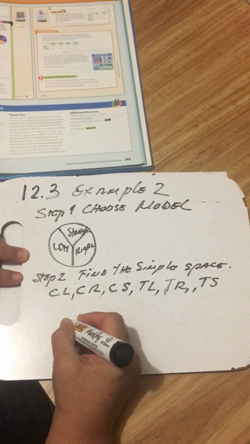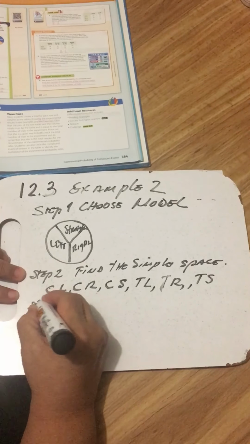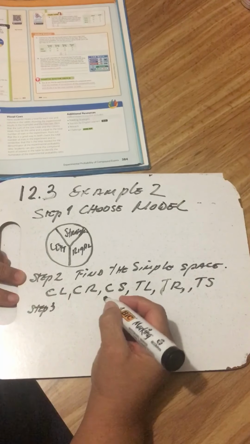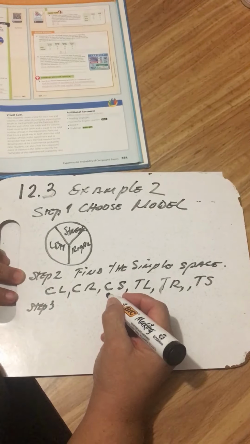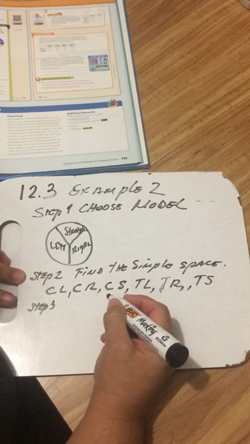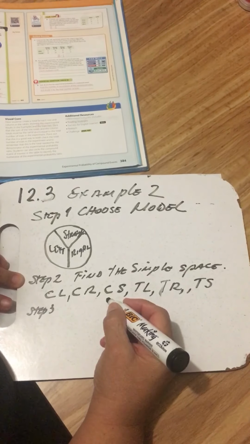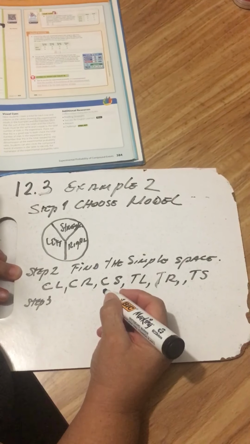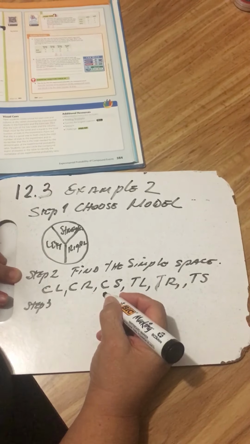Okay? Then, in step 3, we perform the simulation. A coin was tossed and the spinner spun 15 times.